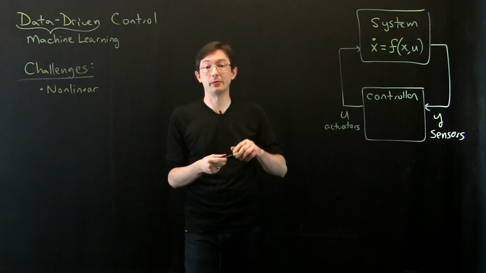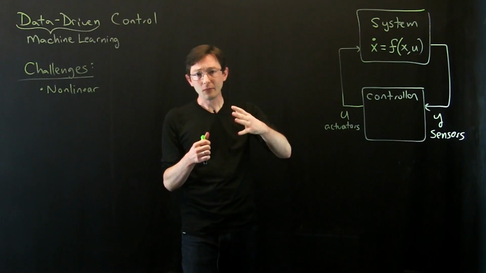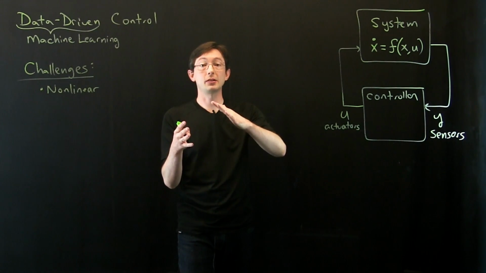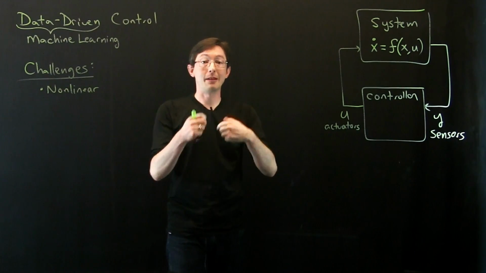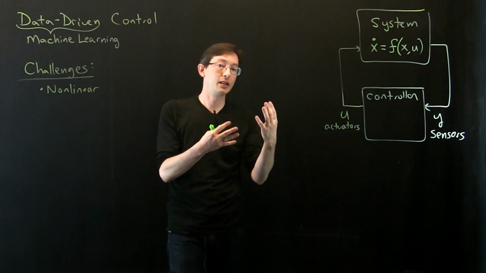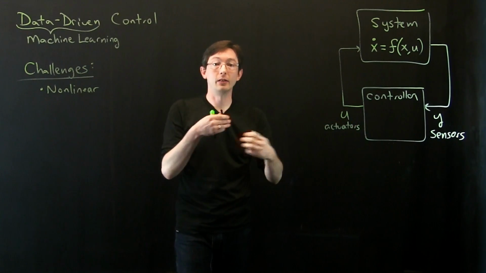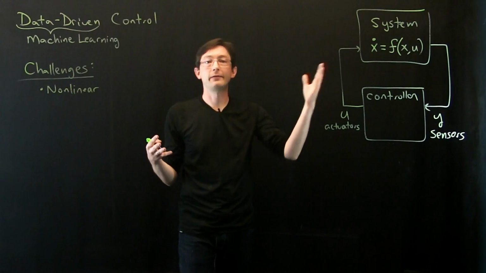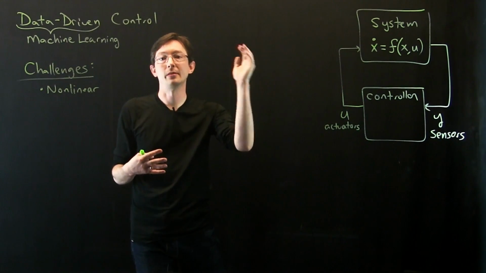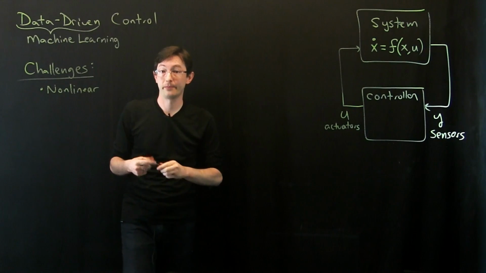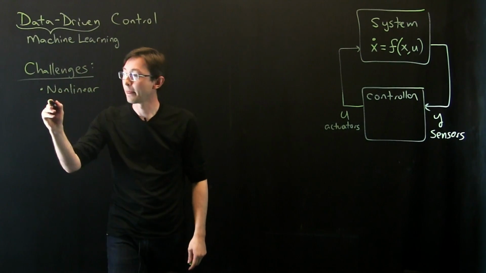In the turbulence example, that's what I work on most of the time, there are lots of cases where what I actually want to do is increase the turbulence. I want to increase the nonlinearity so that I get better mixing. So for example, if I'm making chemicals in a vat, I want to stir it in a way that increases the mixing. That's a very nonlinear control problem that you can't write down as a linearization about a stable or unstable fixed point. Okay? So most systems of modern interest are very nonlinear.